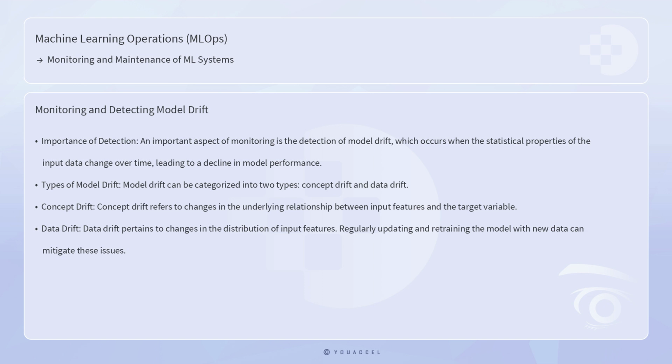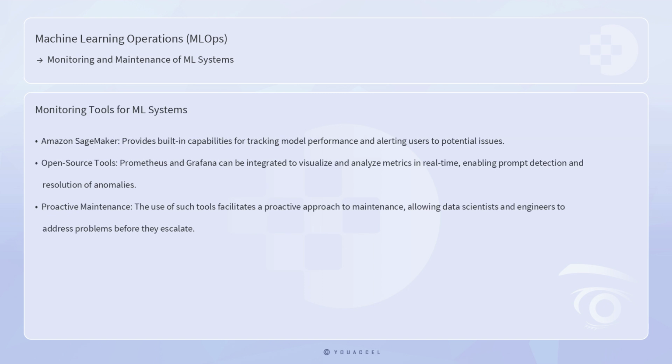Concept drift refers to changes in the underlying relationship between input features and the target variable, while data drift pertains to changes in the distribution of input features. Regularly updating and retraining the model with new data can mitigate these issues, ensuring that the model adapts to new patterns and remains accurate.